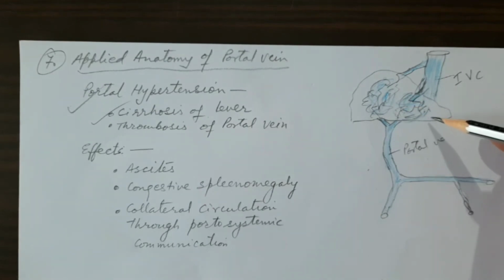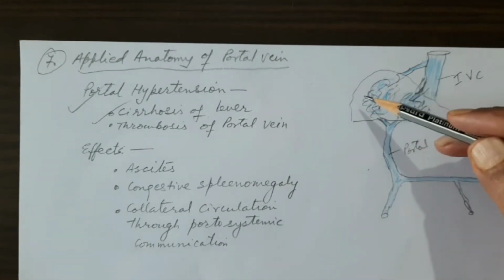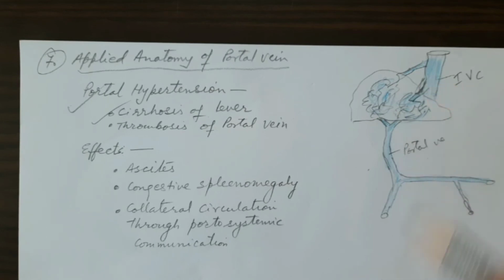Now, if something goes wrong in the liver itself, the liver becomes fibrotic. In a disease called cirrhosis, the normal parenchymatous tissue of the liver and its sinusoids are replaced by fibrous tissue, and this obstructs the flow of blood. The liver becomes hard and fibrous, and the blood does not pass sufficiently through the liver to the inferior vena cava.